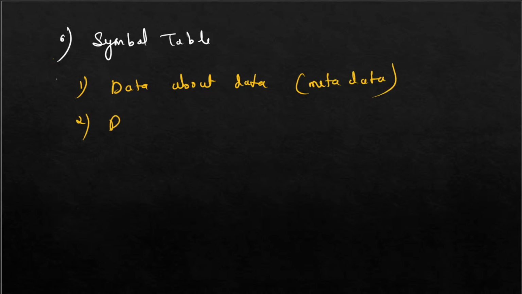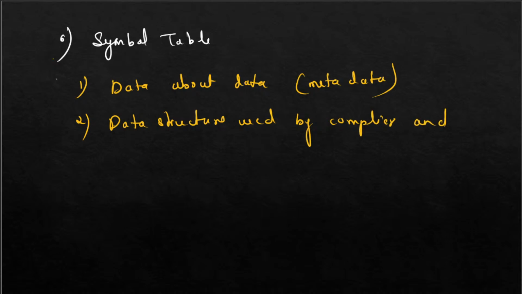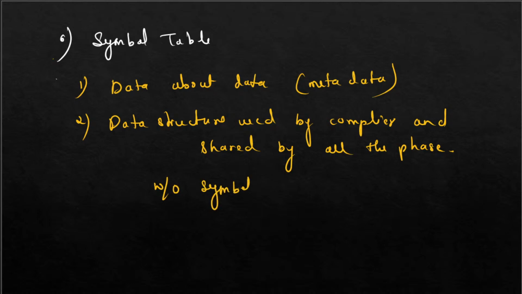It is a data structure used by the compiler and shared by all the phases. Without the symbol table, the compiler cannot work.